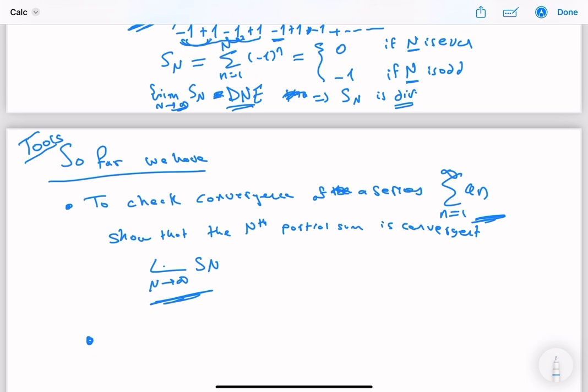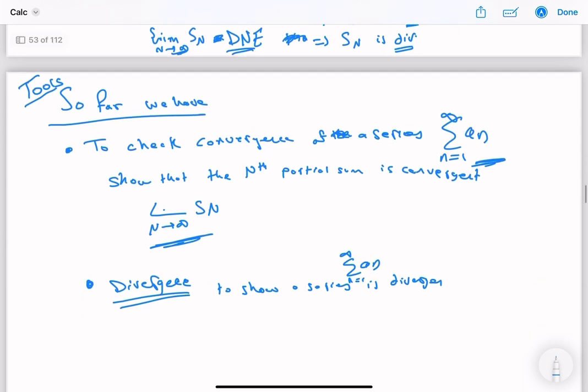Now for divergence, to show a series is divergent, let's say it's a series an from n equals 1 to infinity, the first tool is to show that the limit as big N tends to infinity of Sn, the partial sum, does not exist, or is equal to infinity.